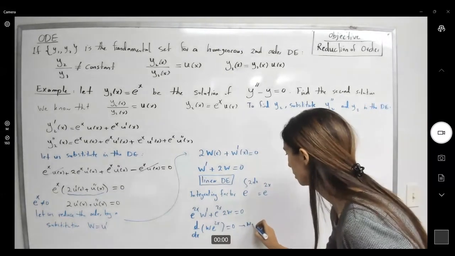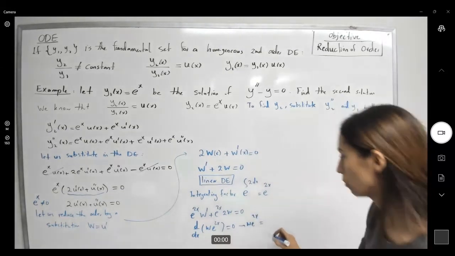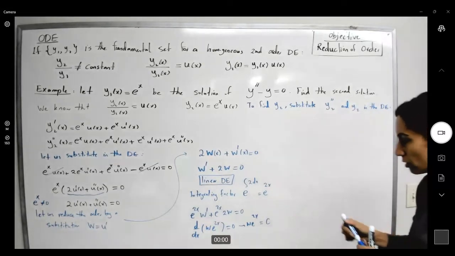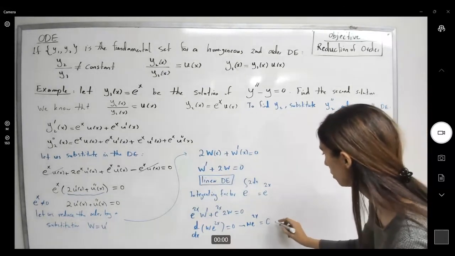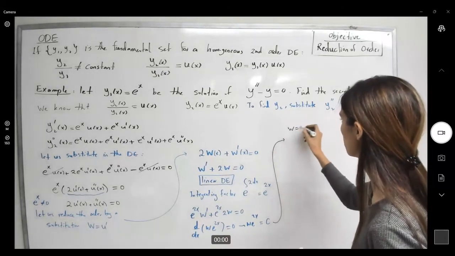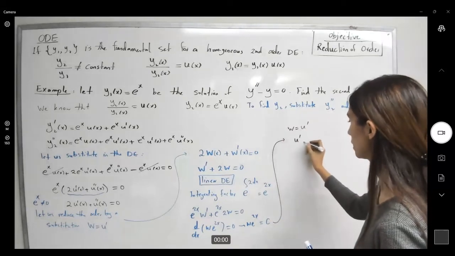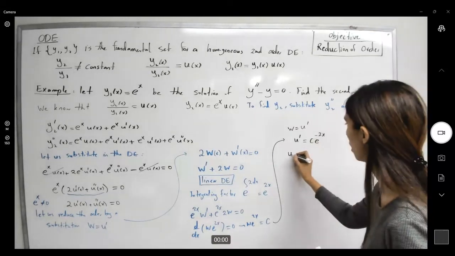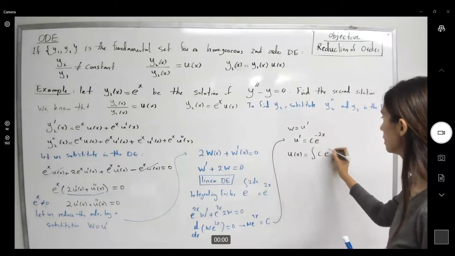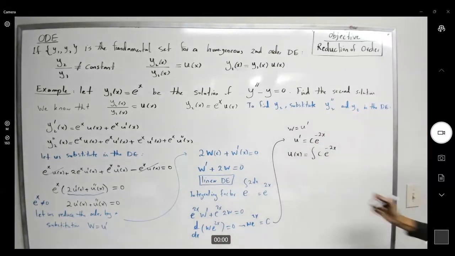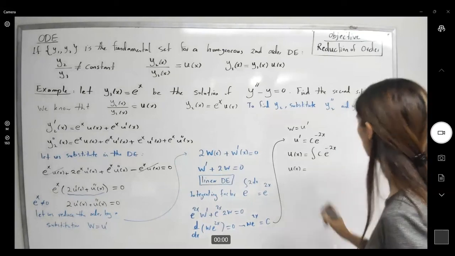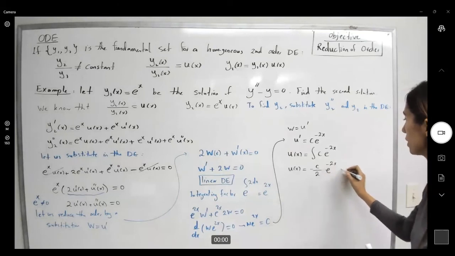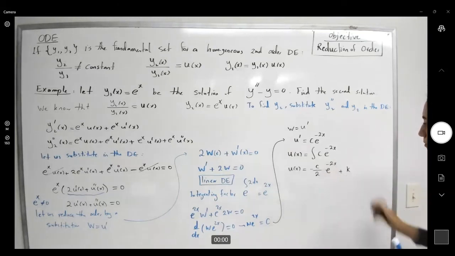So w e to 2x becomes, well, the integral of 0 is just c. Okay, so far so good. But what is w? w is u prime. So u prime is equal to c e to negative 2x. So u of x becomes the integral of c e to negative 2x. So your u of x is equal to negative c divided by 2 e to negative 2x plus a constant like k.